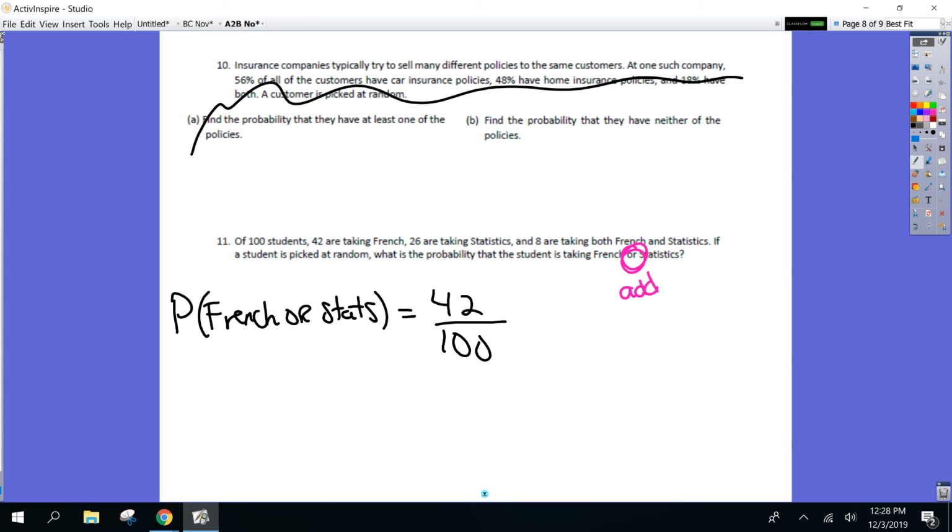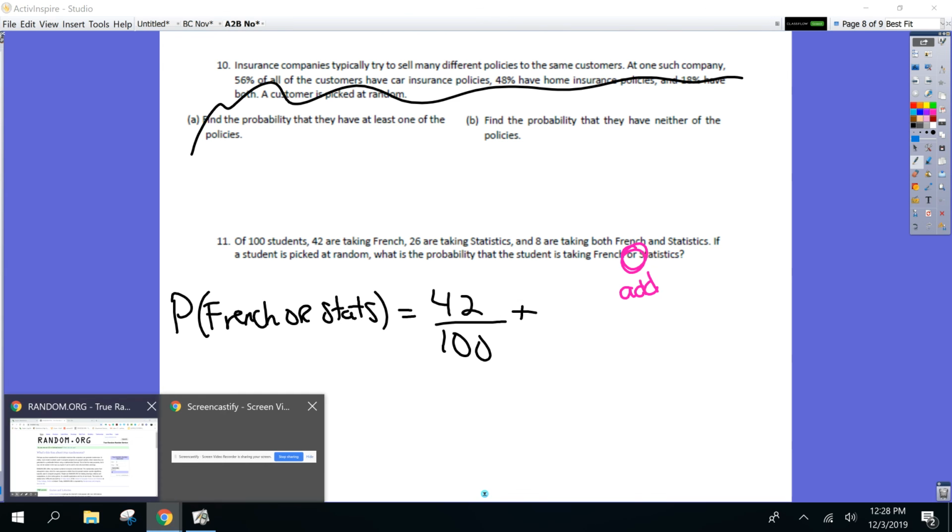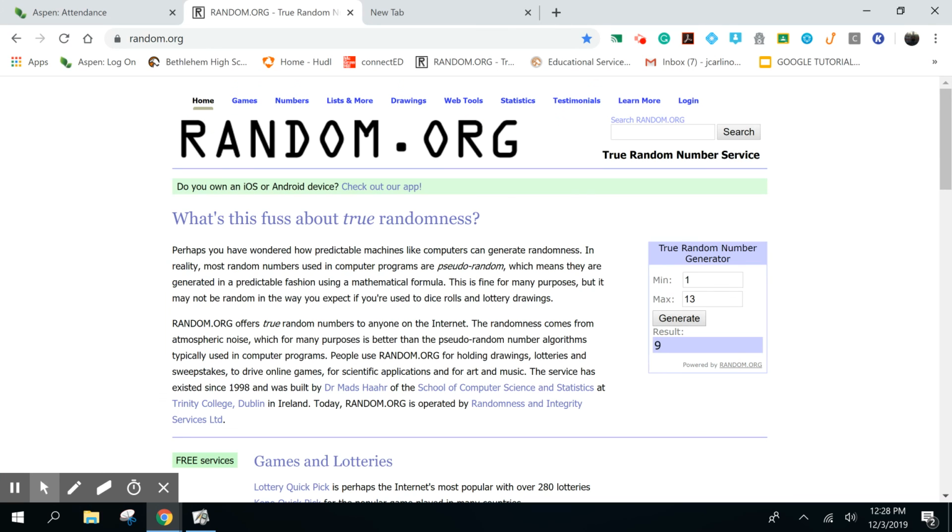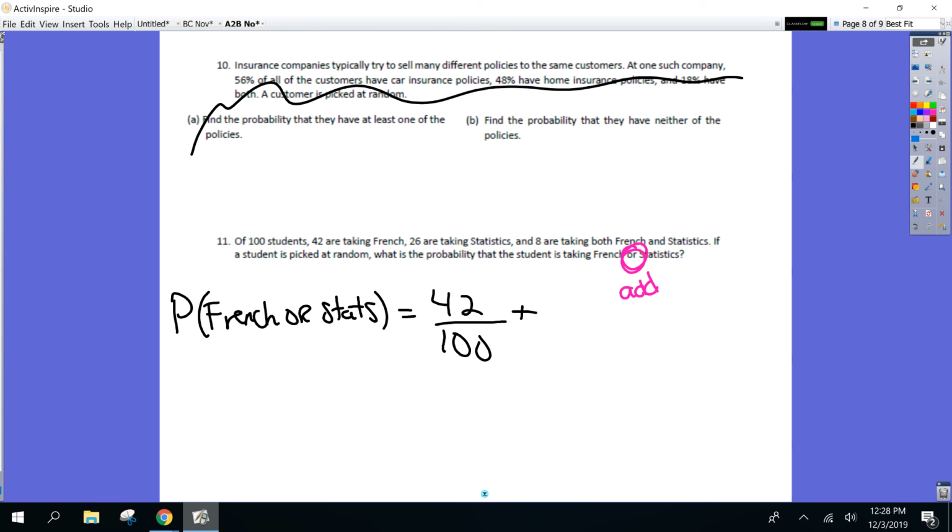The or tells me to add stats. 26 out of 100. What do I have to watch out for here? I counted a couple of kids twice, because there are some that take French and stats.